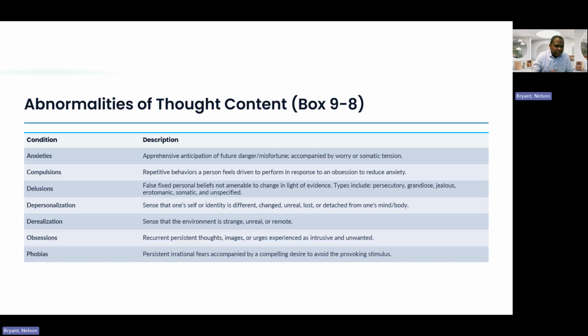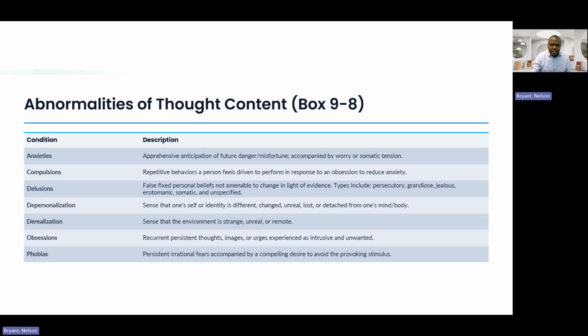Another one is phobias. Some people have phobias that they cannot control, which may cause them to avoid some behaviors. And patients with, for example, schizophrenia may present with delusions, but these may also present with other patients too.